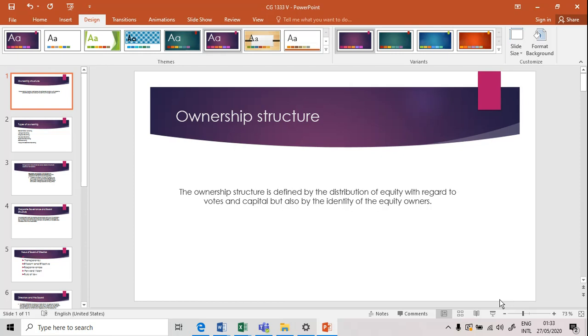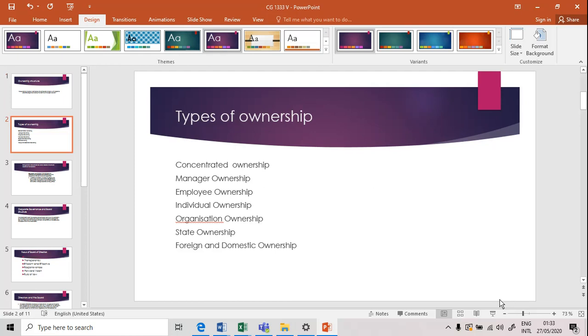We have the concentrated ownership structure, which is common today and very prevalent all over the world, where we have large owners. This is very effective when it comes to monitoring and managing performance, although sometimes excess monitoring of managers can decrease their initiatives.